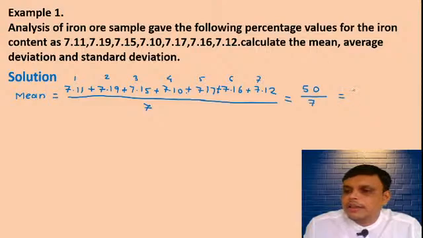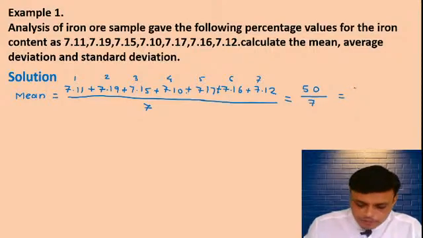Rupesh, you got the mean wrong. 50 divided by 7, Prajna, very good. How much is this? Correct. Very good. Abhishek, Prachi, Ankita, Sardar Singh. 50 is correct. Now tell me 50 divided by 7. How much is this? 7.14.